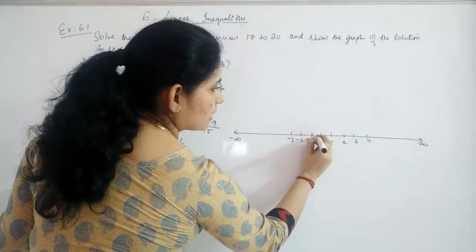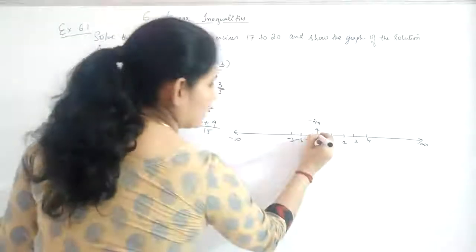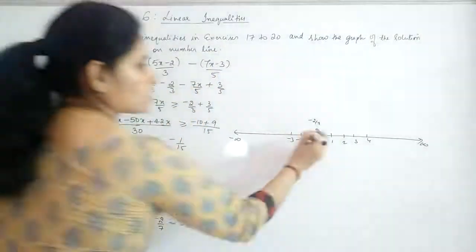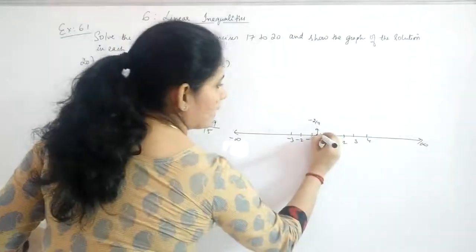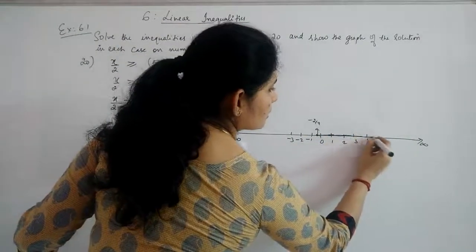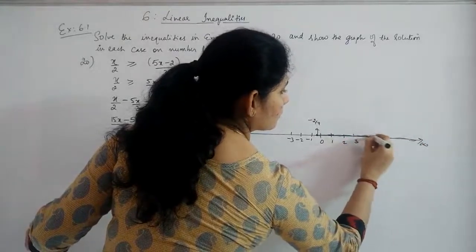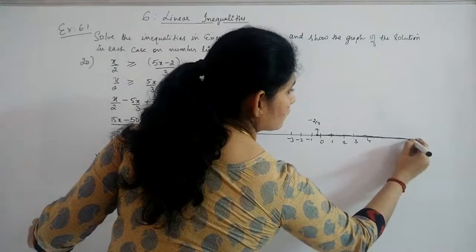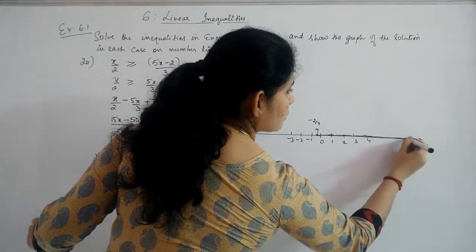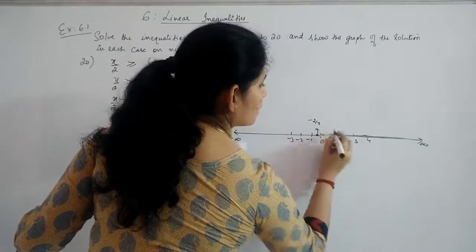Okay, so let us mention it as minus 2 by 7. Again it is greater than or equal to, that means you can just darken the circle here and then move on to the right hand side, shading it darker. Darker shading you give so that it represents the solution of the given inequality.